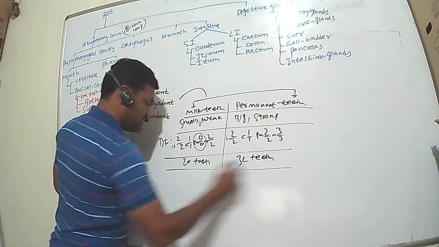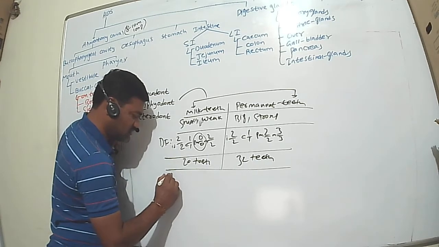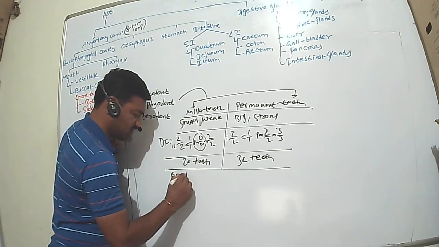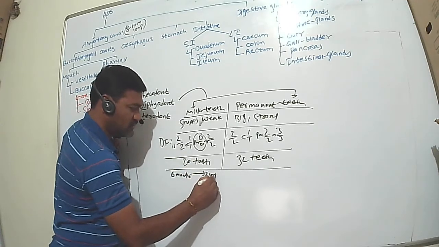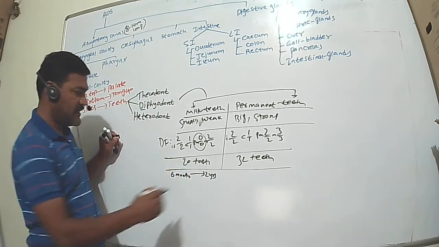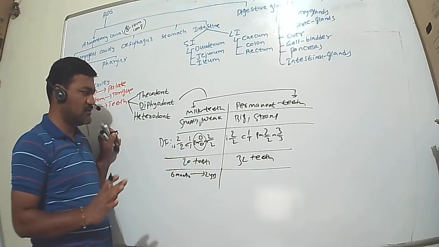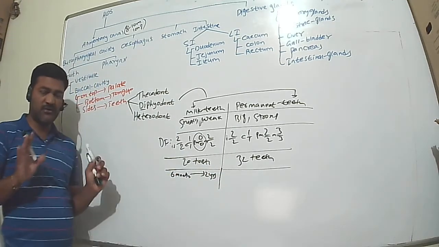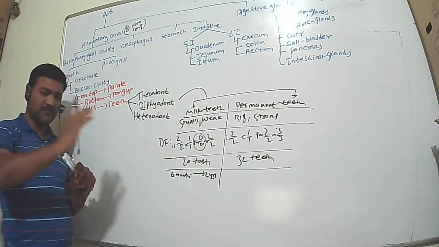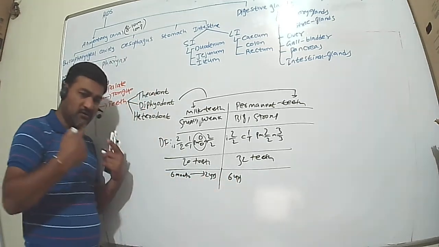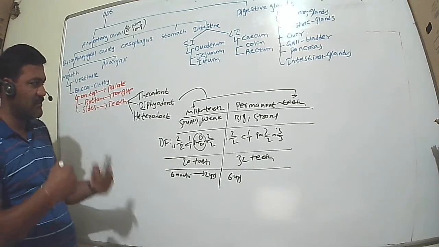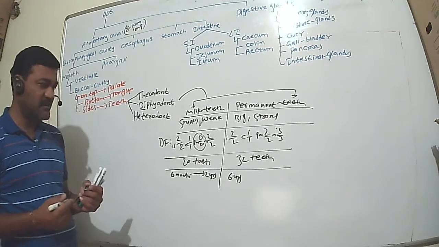And these milk teeth generally start erupting from the jaw bones at 6 months of age, and all the 20 teeth will form by after 2 years of age. And once all the 20 teeth are formed by 2 years of age, they will stay up till a maximum of 6 years of age, and from 6 years they slowly fall off one by one, and slowly get replaced with a stronger one, permanent teeth.